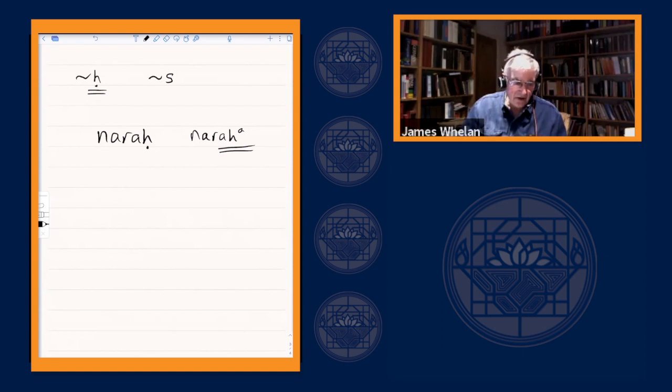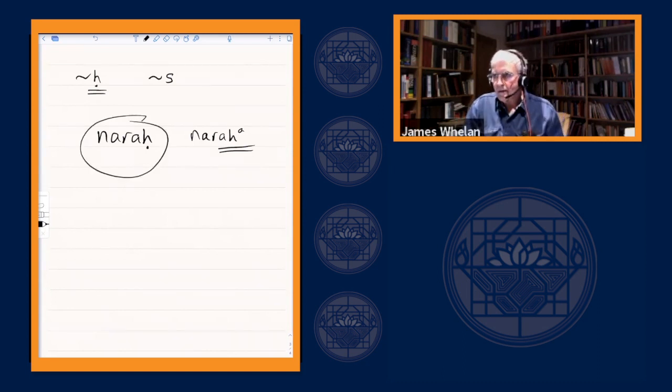Towards the end of 8, because narah ends in the H, that's subdotted H, we know that it's the man who is doing the going. In other words, it's a nominative. If you look at this where I'm ringing this word, narah, that can only be a nominative because all of the other forms of it, naram, narasya, naraya, and so on, will all have different endings. If it's narah, ending with the subdotted H, in the ancient language naras, then that can only be the nominative, namely the subject of the sentence.